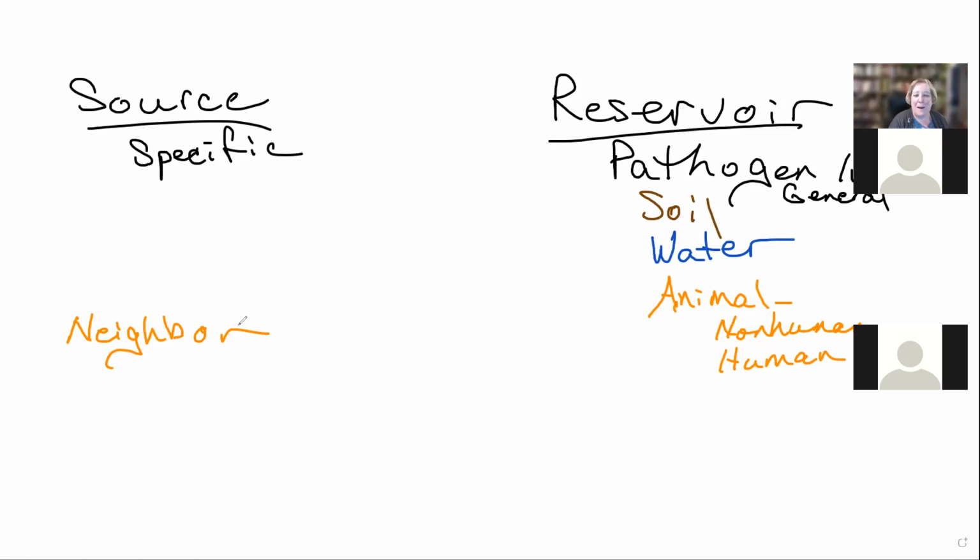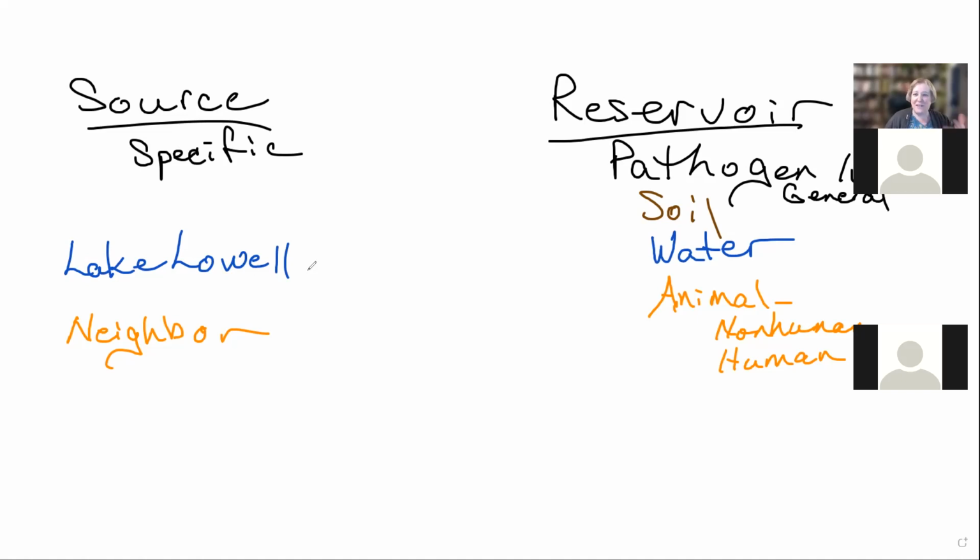Okay. So if we relate that to, say, water, instead of saying water in general, we would say Lake Lowell. We've seen an unusual number of people getting E. coli infections, so they close off Lake Lowell for water skiing and swimming, until the numbers of E. coli drop.